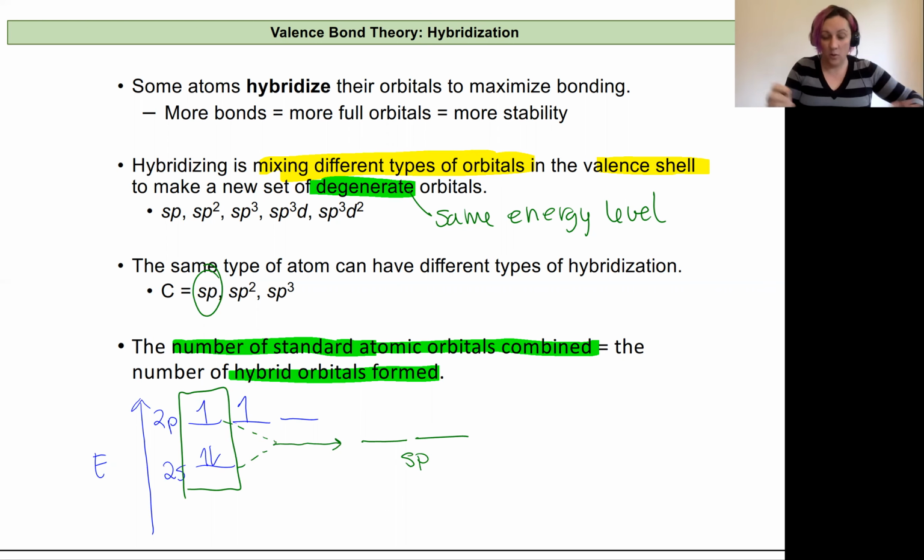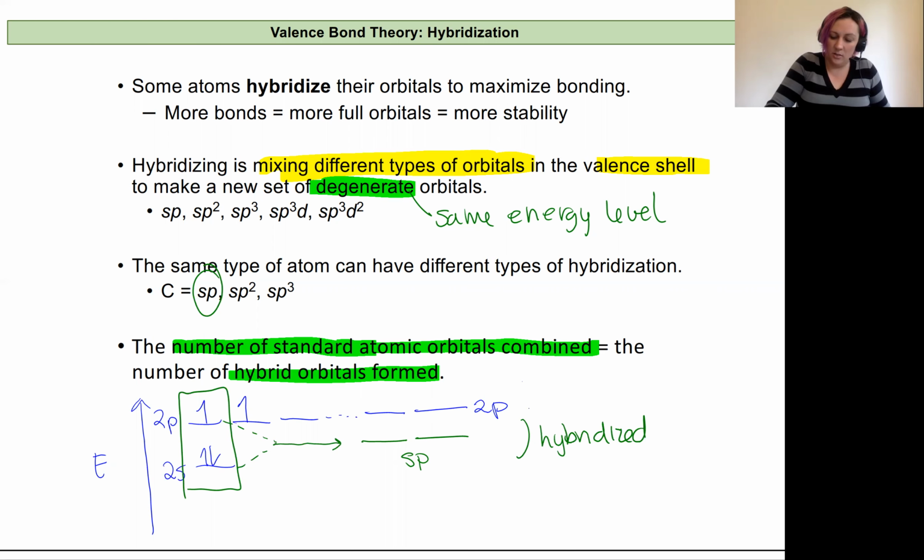Now, the p orbitals still remain. They haven't gone away. So we still have 2 p orbitals left over. And so if I sp hybridize something, I'll have 2 hybridized orbitals in the atom and 2 normal atomic orbitals still.